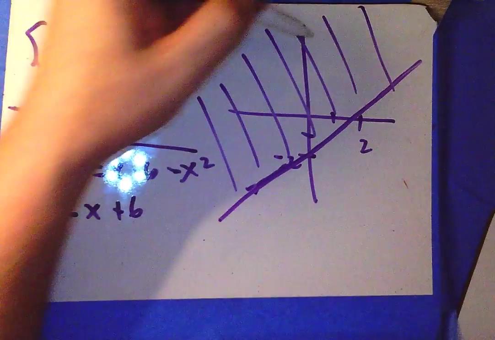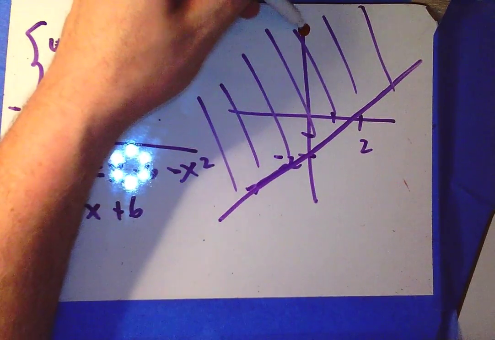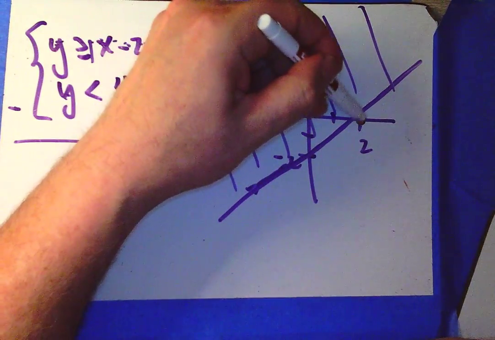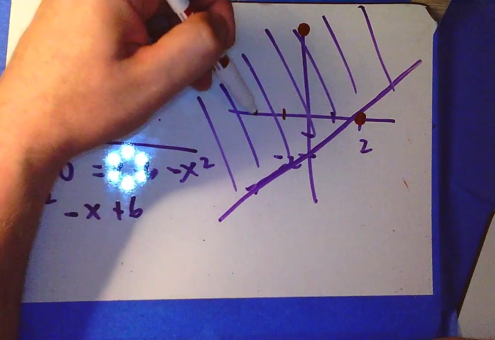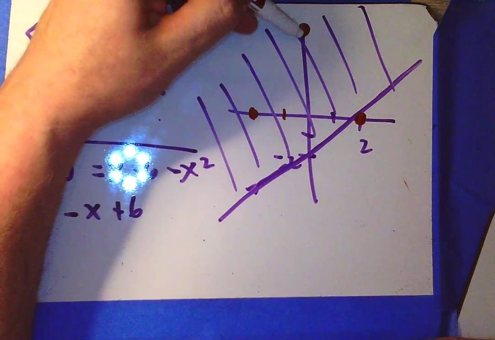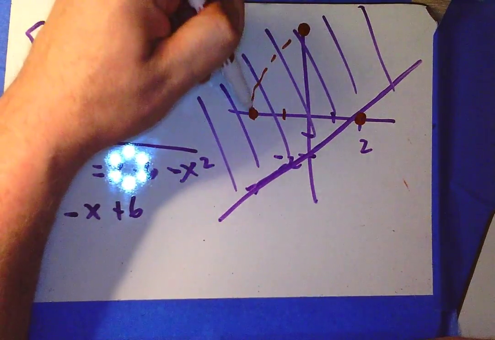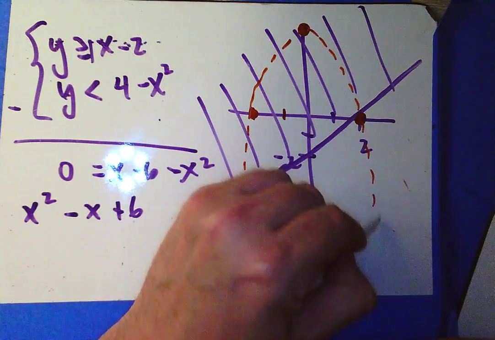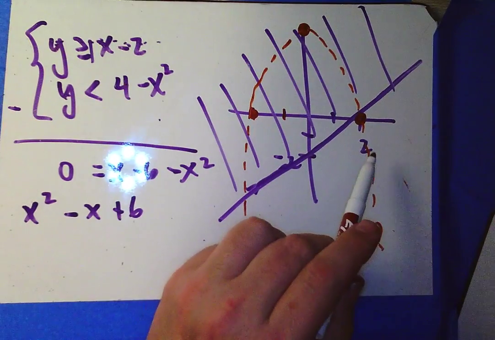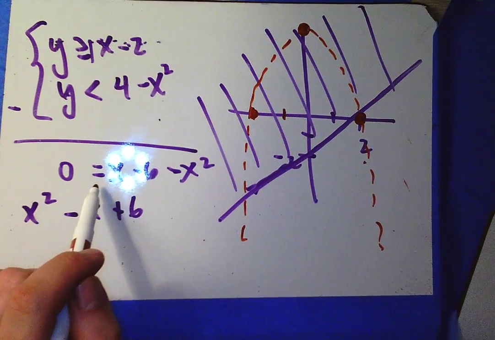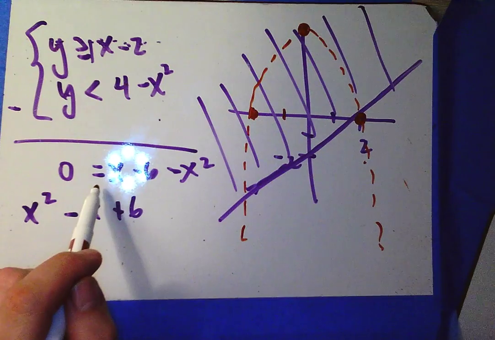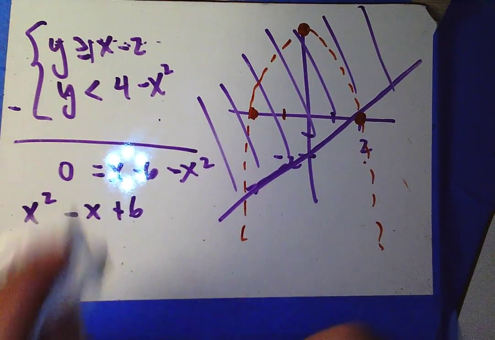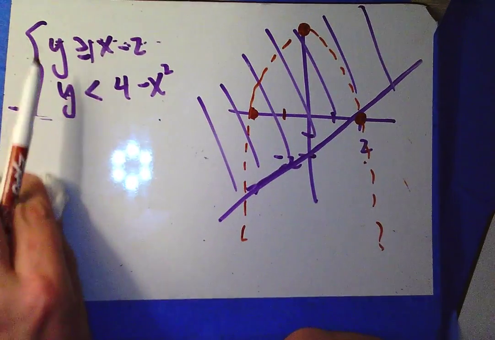Well, 4 minus x squared has a y-intercept and a vertex at 0, 4, and passes through the points positive 2, 0, and negative 2, 0. But this is a dotted or dashed parabola. Well, how come 2 is a solution there, but I wasn't getting to a solution here? Well, that's very strange. It kind of makes me want to go back and do the solving a different way. We'll do that in a minute.